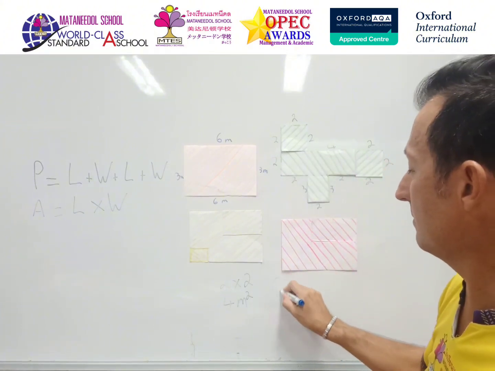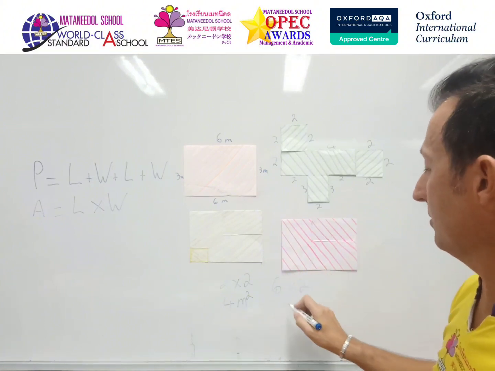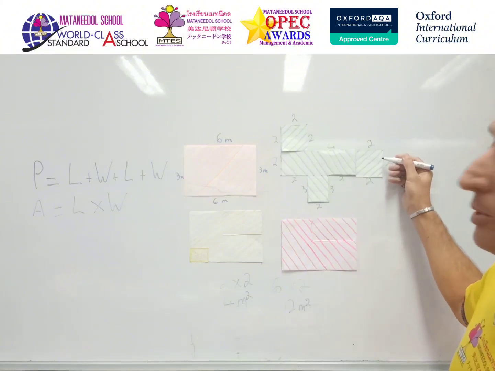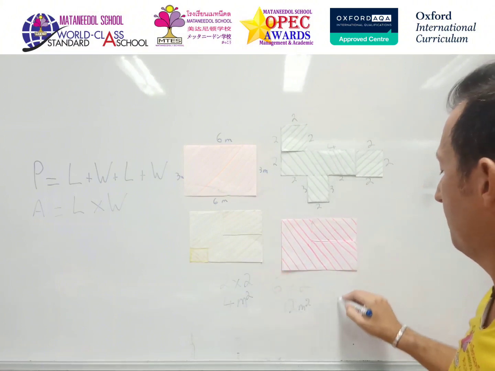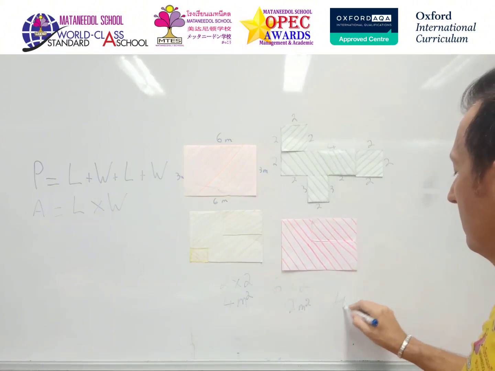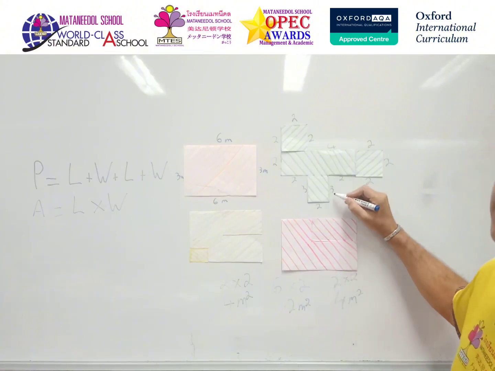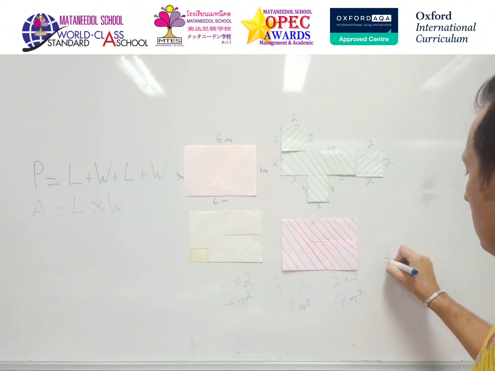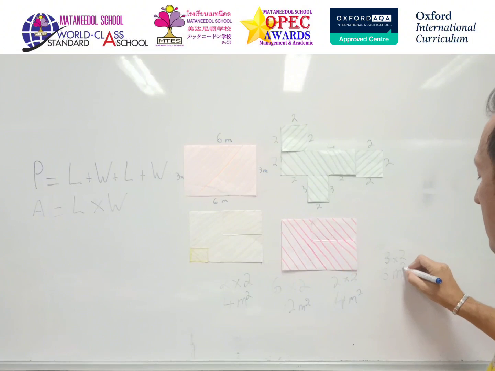So 6 times 2 is 12 meters squared. I've got my other small one, the same as my first one, 2 times 2, which is 4 meters squared. And my last small one is 3 times 2, which is 6. So my answer is 6 meters squared.